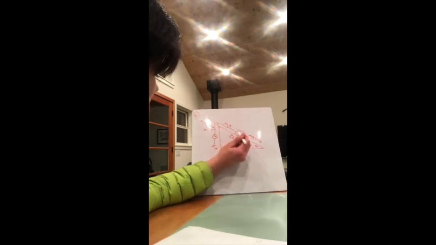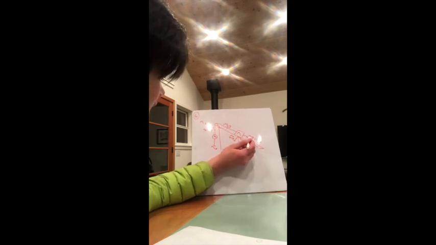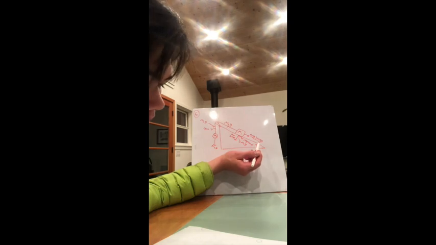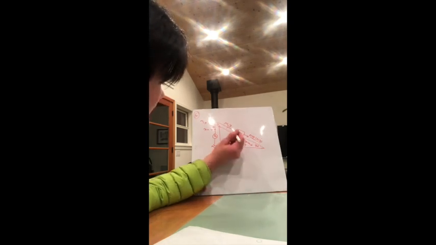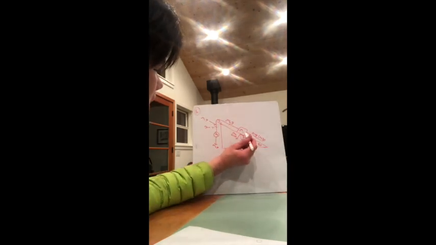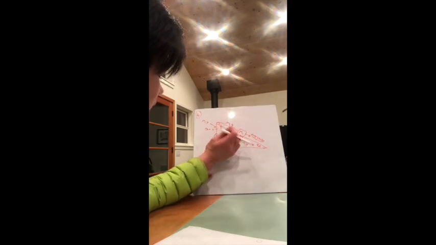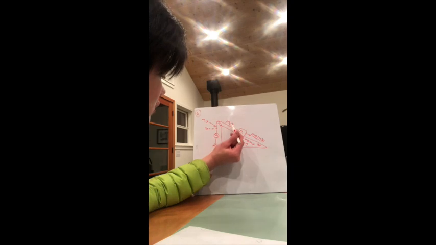So in this mass 1 free body diagram, pulling on this side is m1g sine 30, or basically 1/2 m1g. And on this side, a force of m2g is pulling. In order for m1 to accelerate down the ramp, we need this force, m1g sine 30, to be greater than the force pulling it up the ramp, which is m2g.